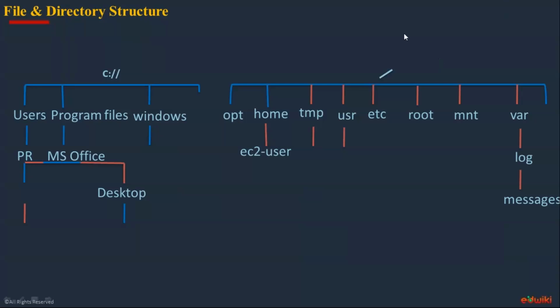Make sense, guys? LOG is the parent directory of a directory called messages. VAR is the parent directory of a directory called LOG. Or LOG is the child directory of the var directory.